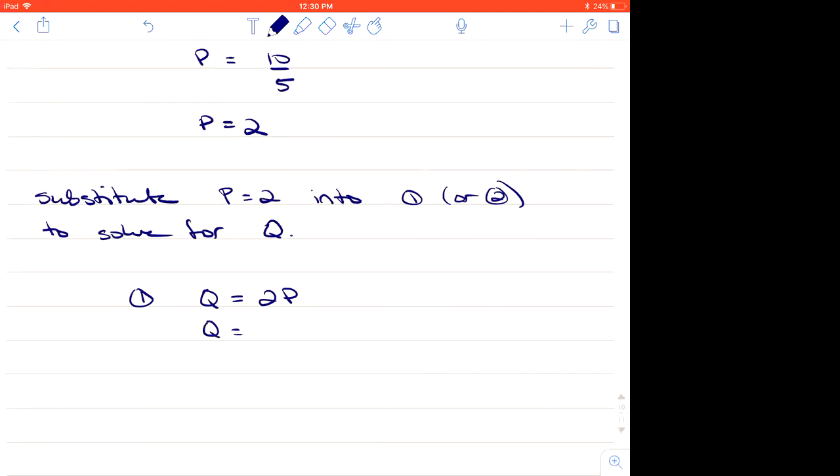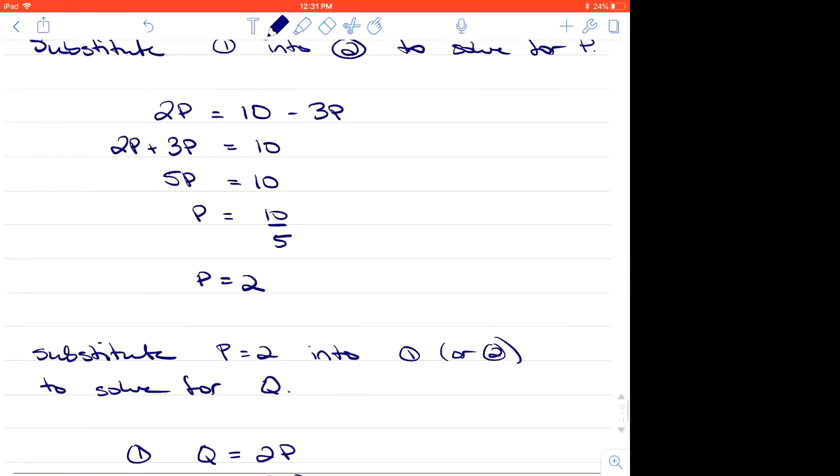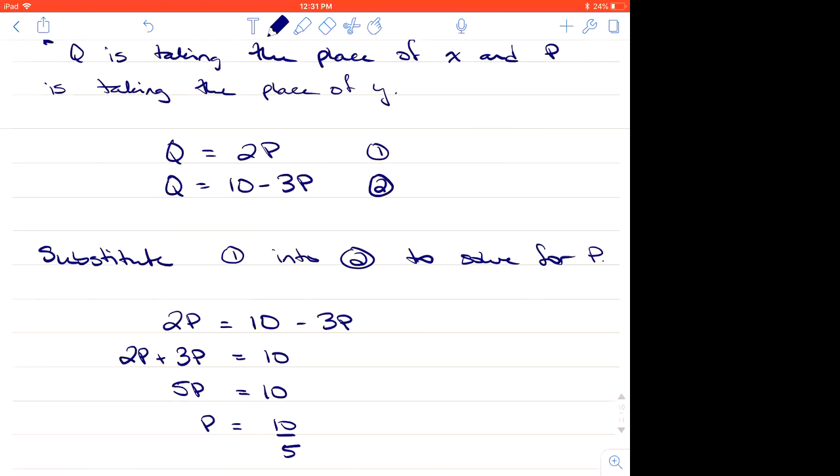So Q must be 2 times P, which is 2, and so Q has to be 4. You can check it in the other equation for Q. In equation 2, if we put in P equals 2, we get 10 minus 3 times 2. 10 minus 6 is 4 again. So it doesn't matter which one you use.